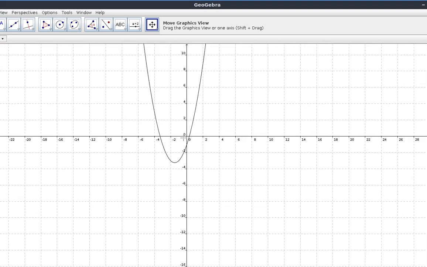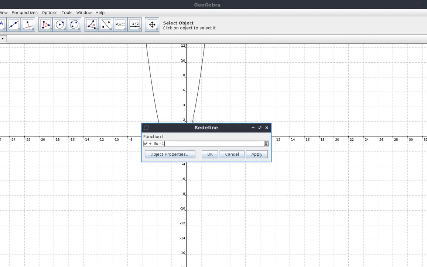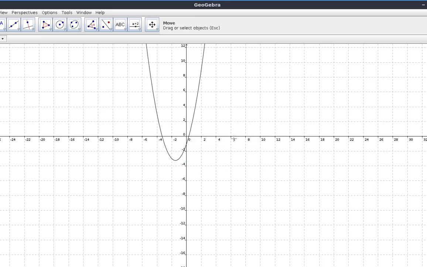Right? That's the function there. Now in this case, you have a curve here and a minimum point.